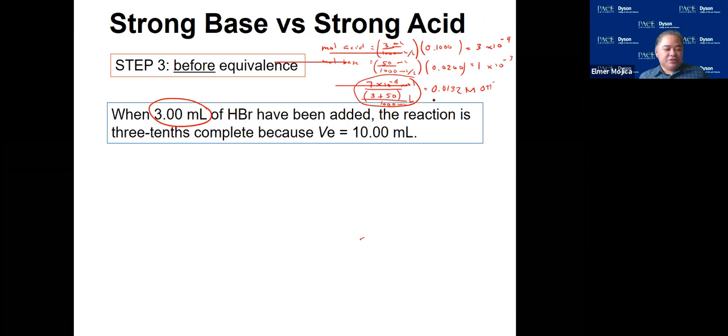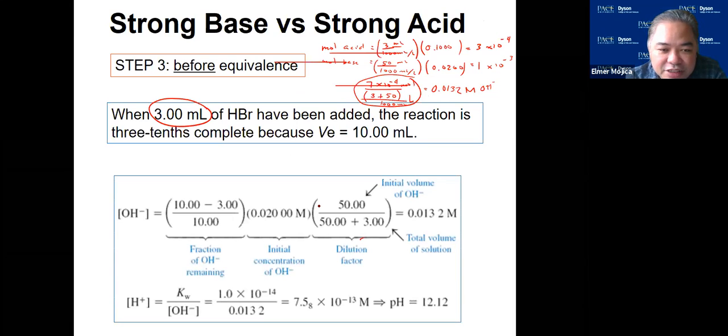So I did this using knowledge that I should have learned from Gen Chem 2. But if we're going to do it following the way that we did it using the precipitation titration last week, this is how it's going to look. We look at the fraction of the hydroxide that remains. So 10 is the equivalence point volume. We use 3. So that means we have a 7 over 10 fraction.